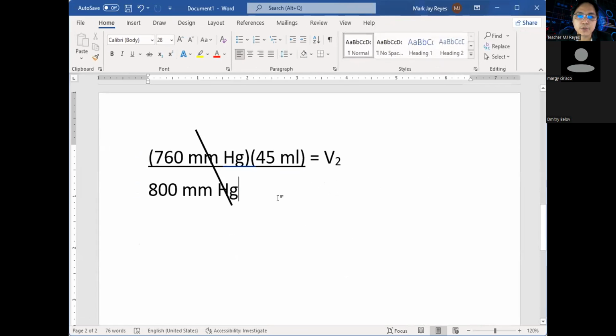So we can now move to the computation. 760 times 45 ml. What is 760 times 45? It's 34,200 ml.